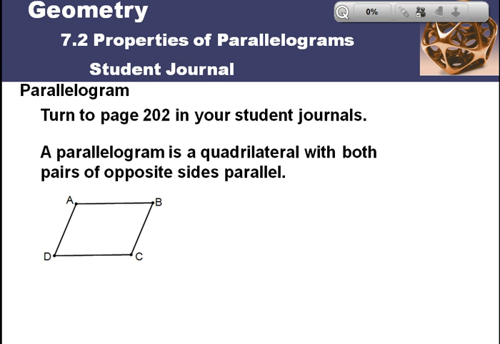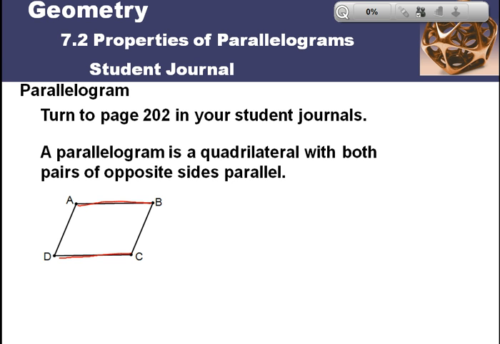So the opposite sides are AB. So here is side AB. And what side do you think is opposite of AB? Sure, that's pretty self-explanatory. You would assume that that is DC.